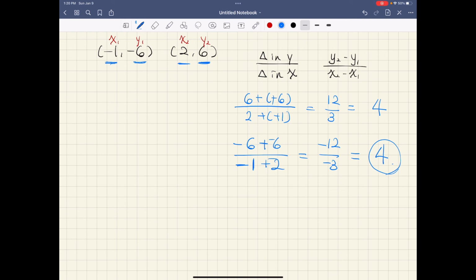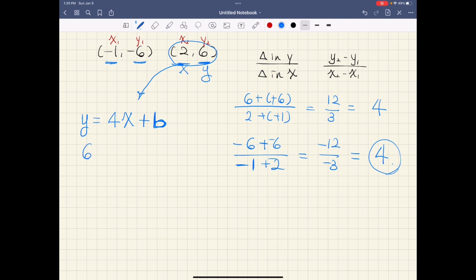So if I write that into slope-intercept form, y is equal to 4x plus b. We don't know what the y-intercept is yet. So you can just plug in one of the points into the equation. That's x, this is y.